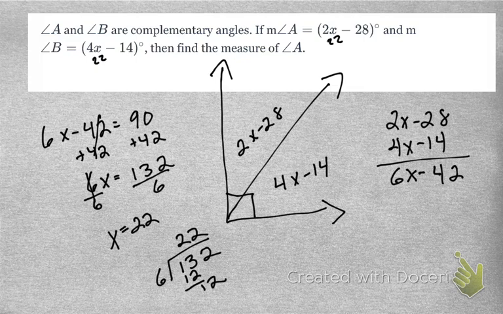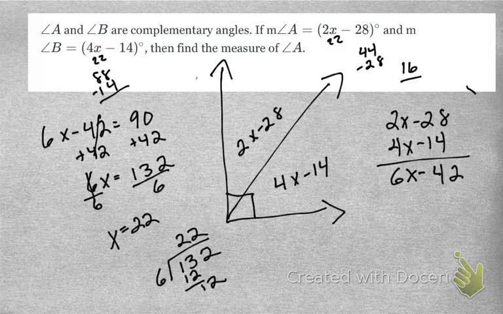So 2 times 22 is 44. 44 minus 28, right? And what is 44 minus 28? I think it's 16.